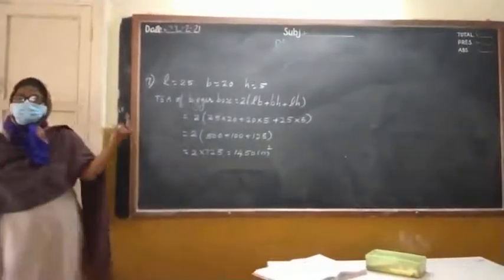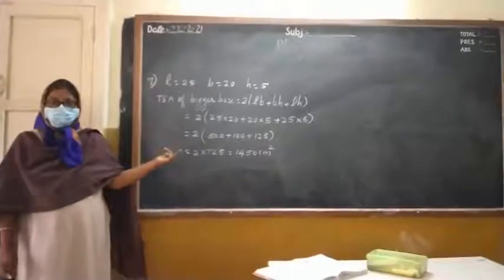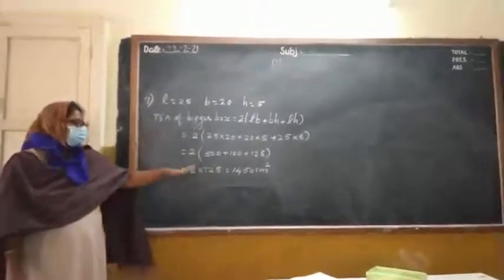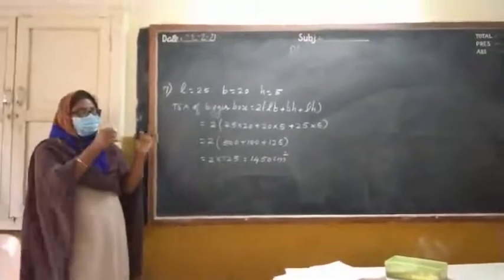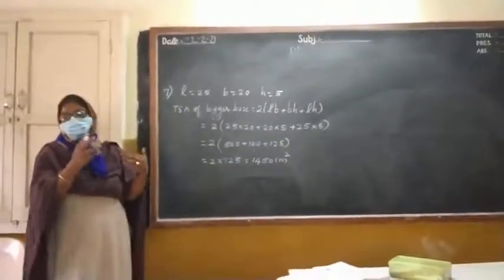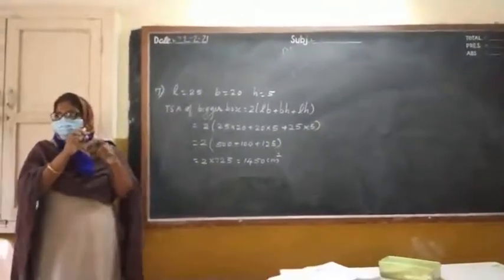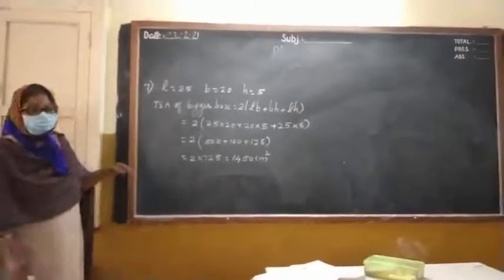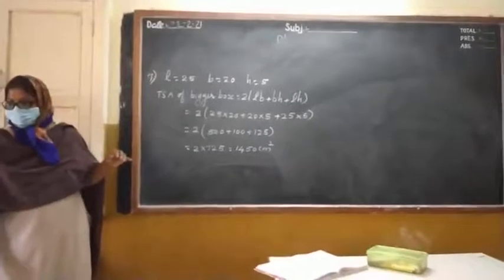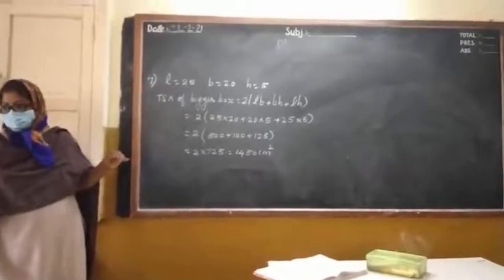Now 5% extra we need. Okay. So find out 5% of this one for that covering. So cardboard box, when you are making, some extra we need to cover that one. Yeah, 5%.